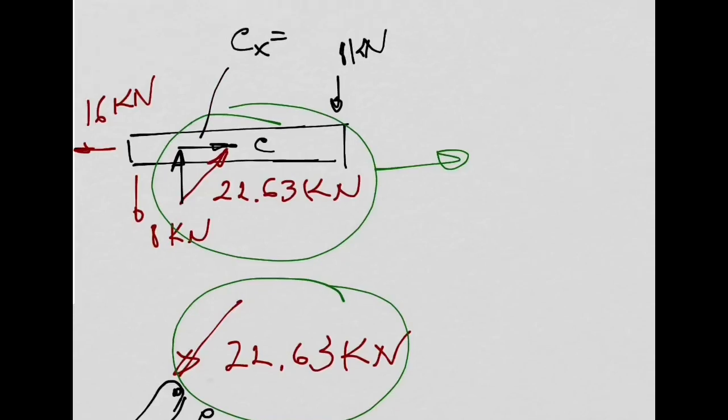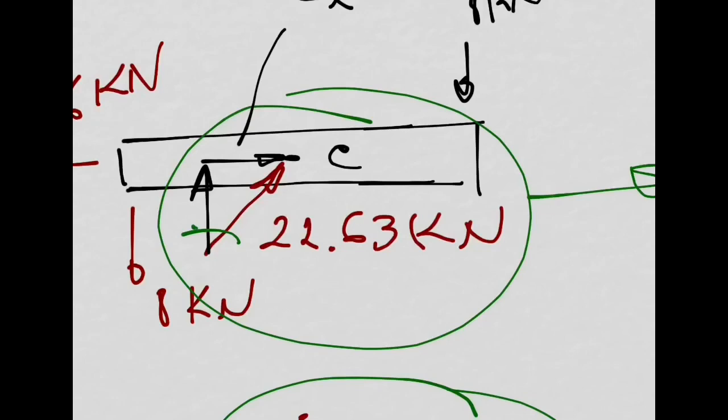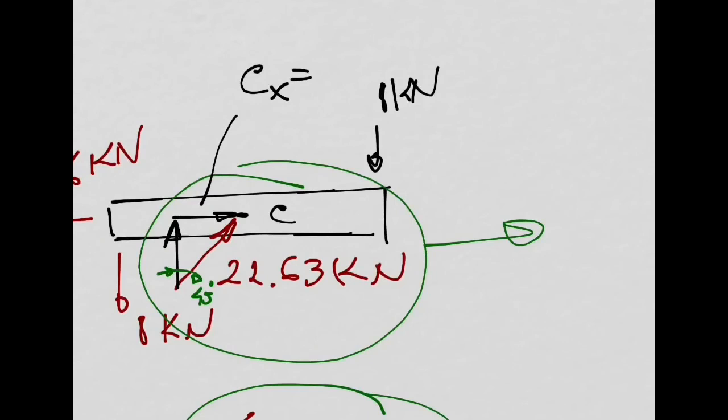You tell me. So, how much is this angle? 45, right? So this Cx is going to be equal to what? Yeah, please say. 22.63 times sine 45 degrees. Very good.